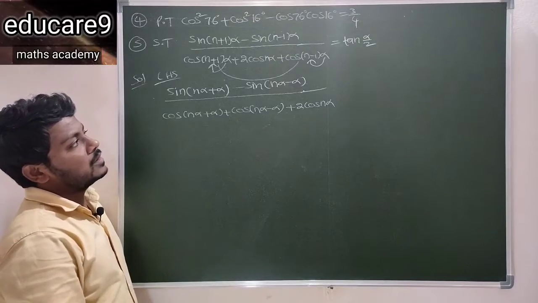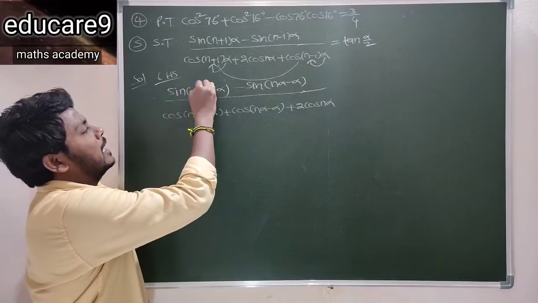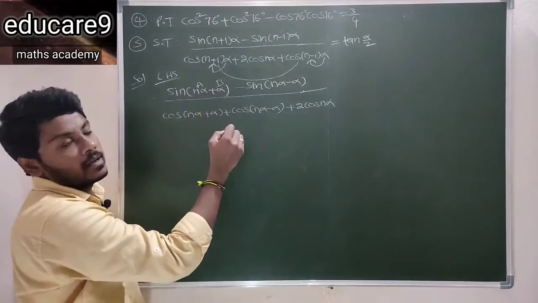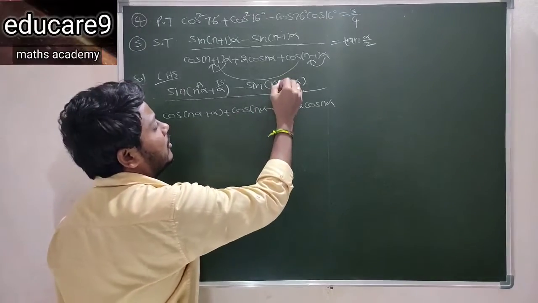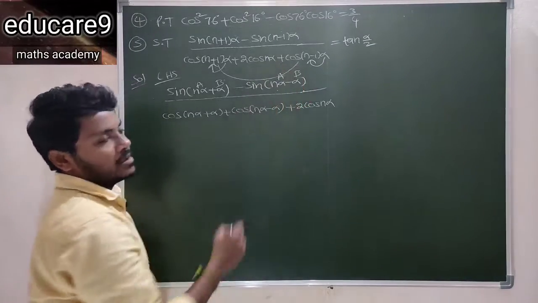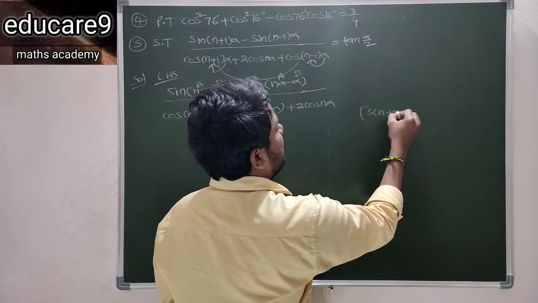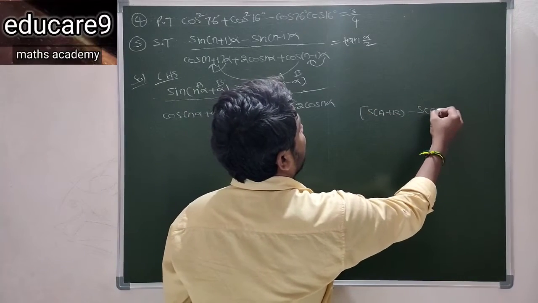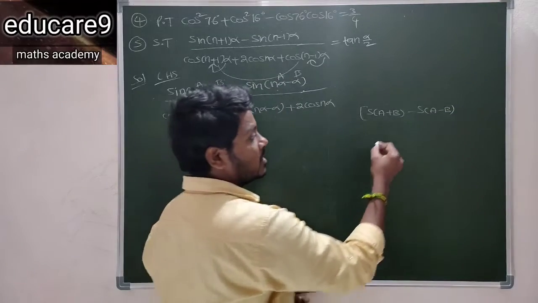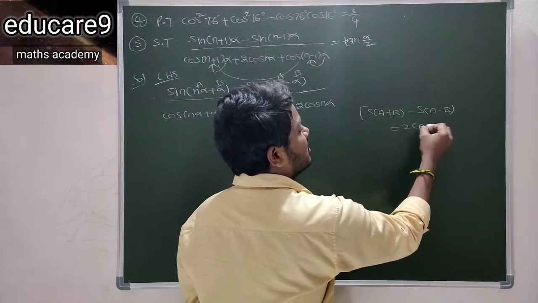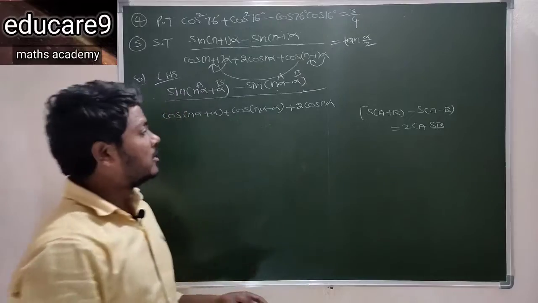See here, sine of a plus b minus sine of a minus b formula. What is that? 2 cos a sin b.